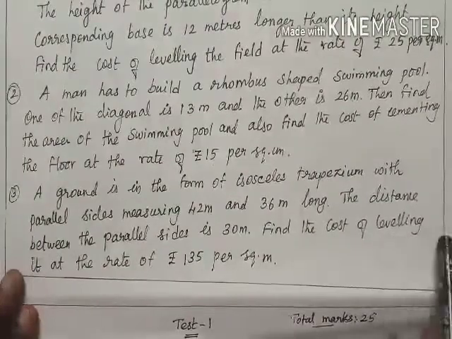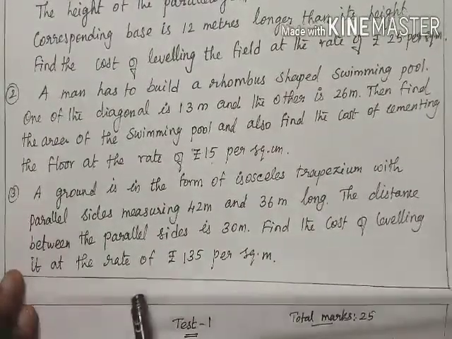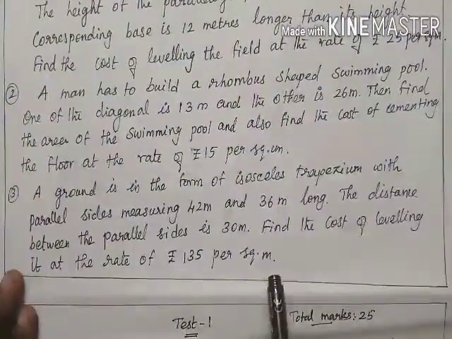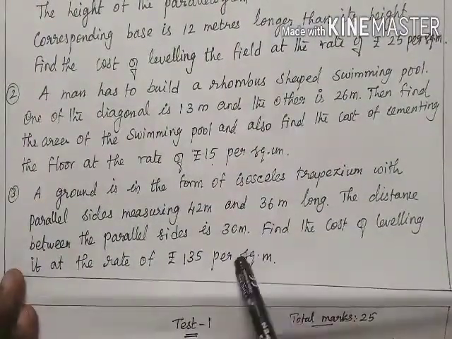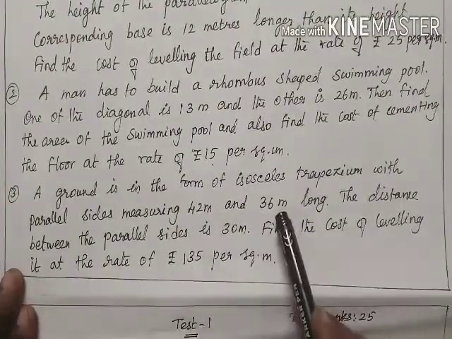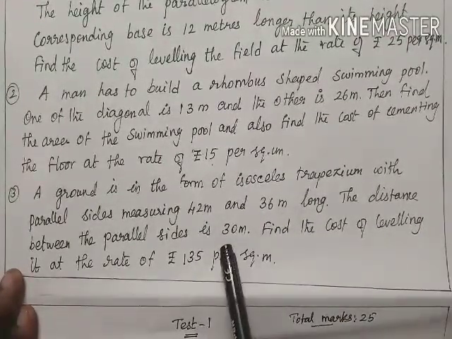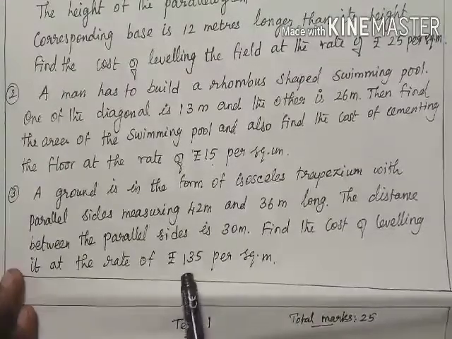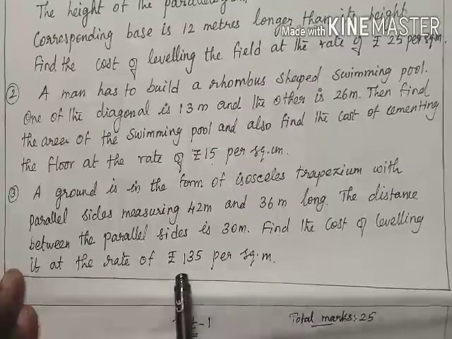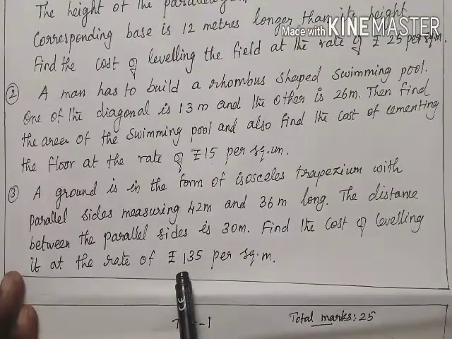Find the cost of leveling it at the rate of rupees 135 per square meter. So first you have to find the area with these measurements. That is, A value is 42, B is 36 and height is equal to 30. Then find the area and then multiply that answer with 135. You will get the answer.